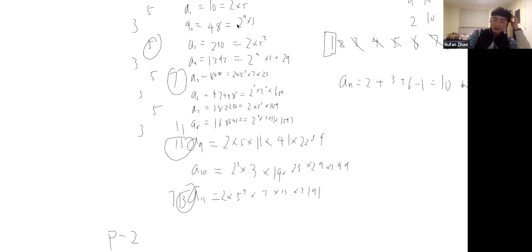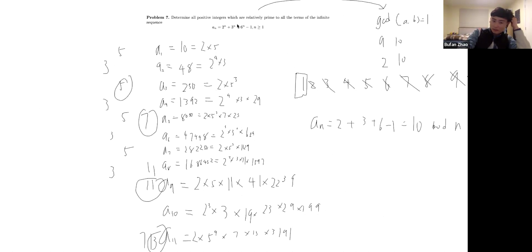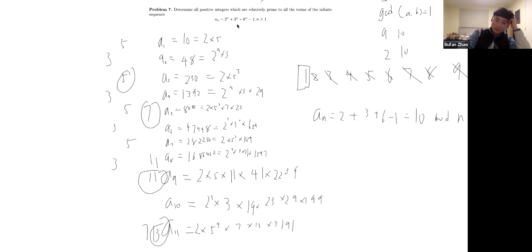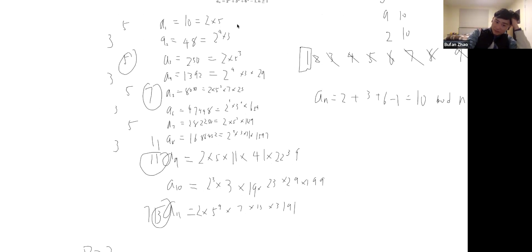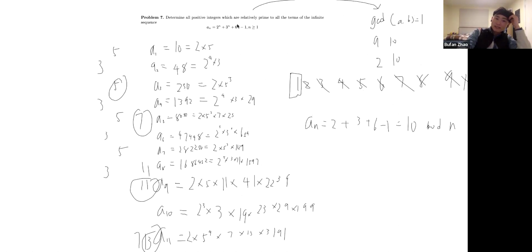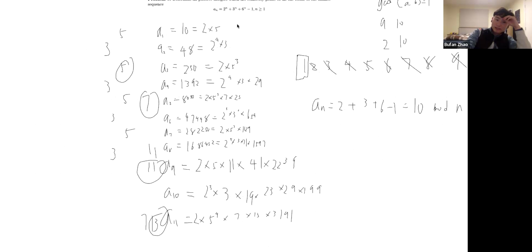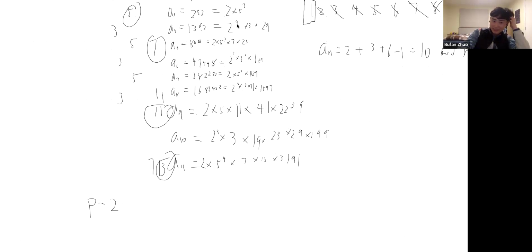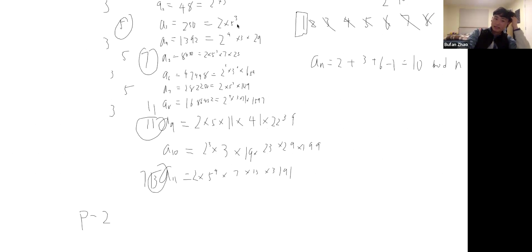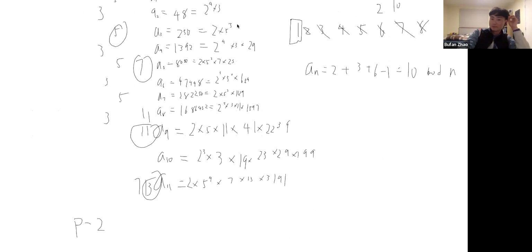Sure, 11 also applies here in a_8. Yes, sure. However, let's just ignore those noises for a moment and just notice how they stop working. 2 and 3 are exceptions, but for every prime number that's bigger than 3, they stop working at p minus 2. Can everyone see that? 13 stops working at 11, 11 stops working at 9, 7 stops working at 5, 5 stops working at 3.